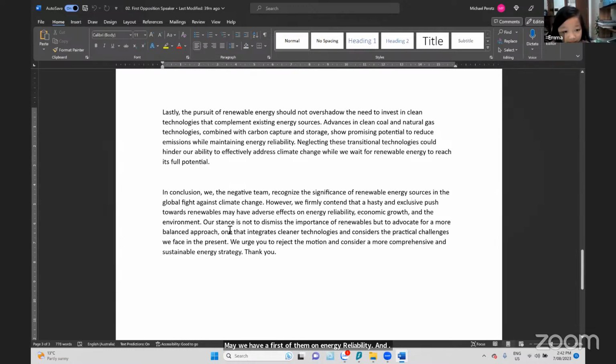Our stance is not to dismiss the importance of renewables, but to advocate a more balanced approach, one that integrates cleaner technologies and considers the practical challenges we face in the present. We urge you to reject the motion and consider a more comprehensive and sustainable energy strategy. Thank you.